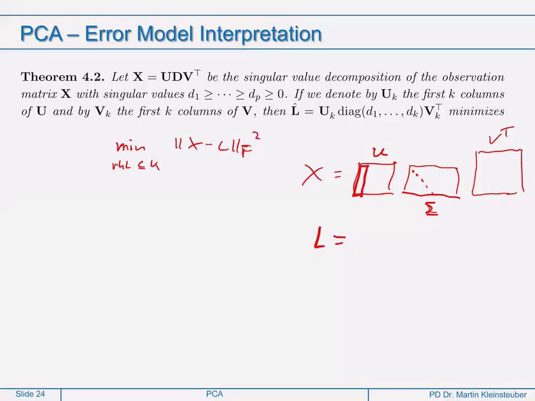You have the first k columns of U, you have the first k entries of sigma, and you have the first k rows of V transpose. And this is said to be the best rank k approximation.